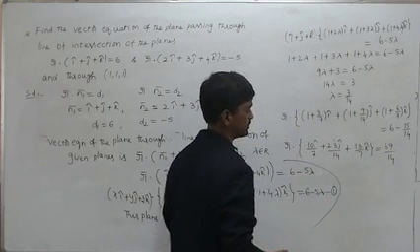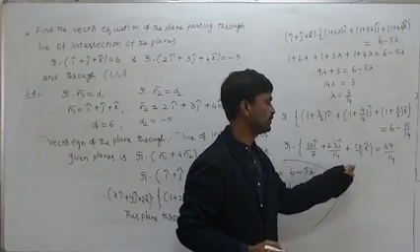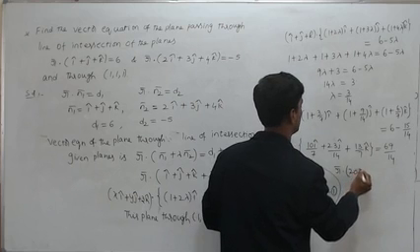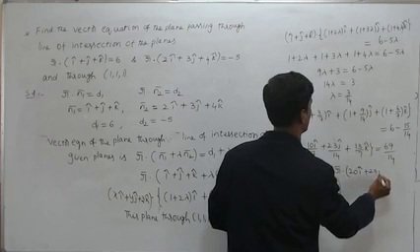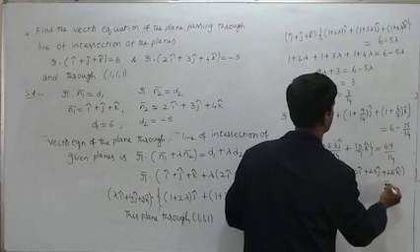Further, if you simplify, taking LCM 14 and cancelling 14, r bar dot, what will you get? 20 i cap plus 23 j cap plus 26 k cap is equal to 69.